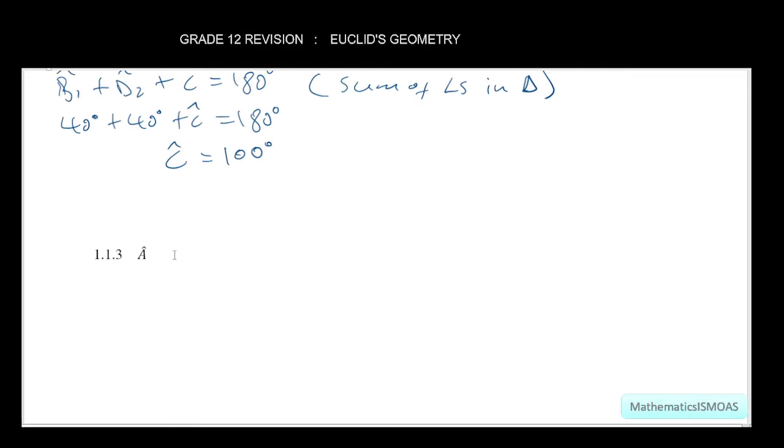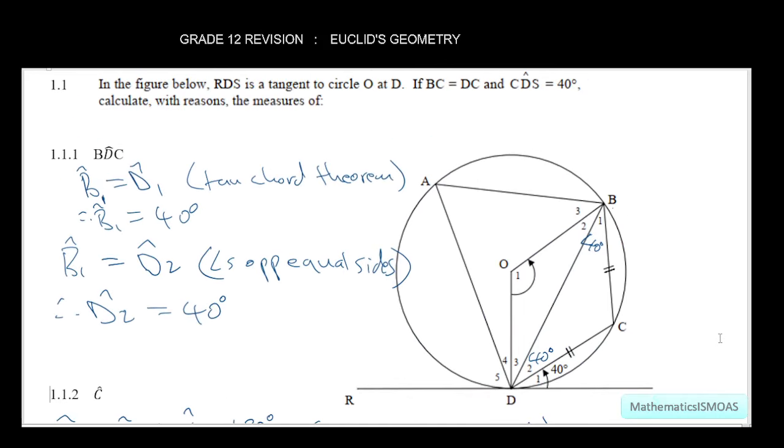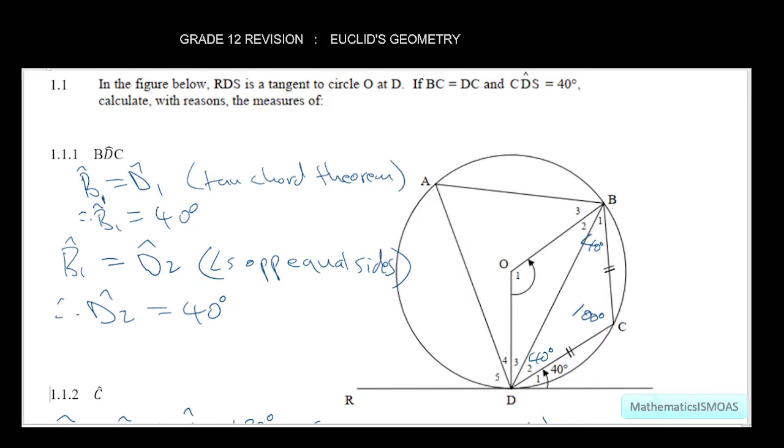And then with 1.1.3, the measure of angle A. Angle C is now what? 100. So let's have 100 there. Then now angle A, we have already identified that quadrilateral ABCD is cyclic.